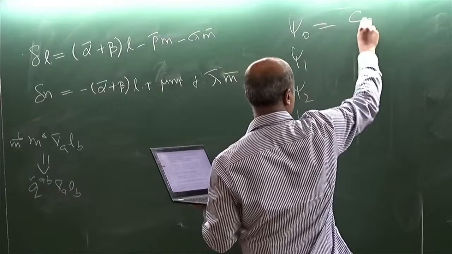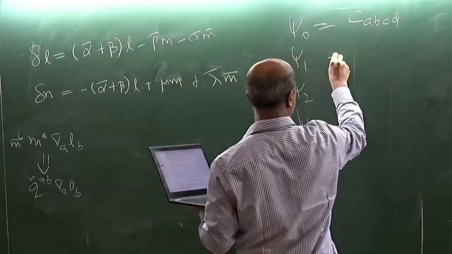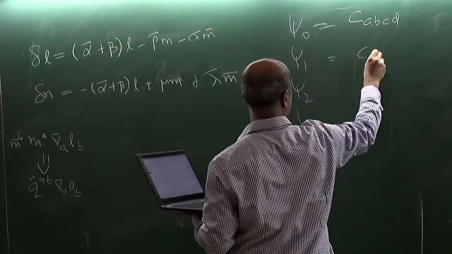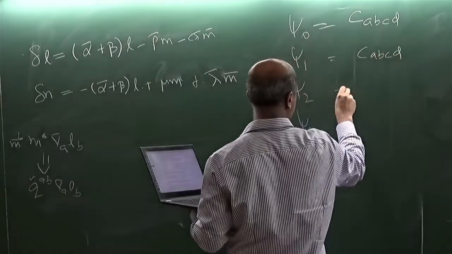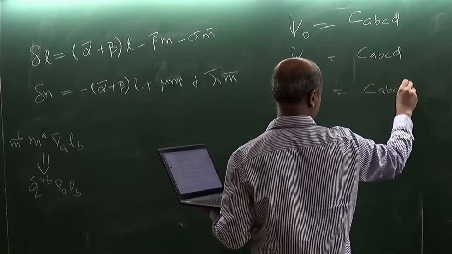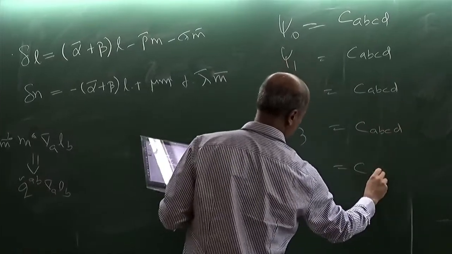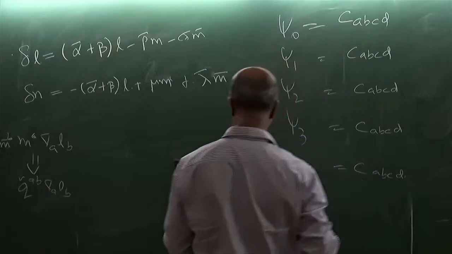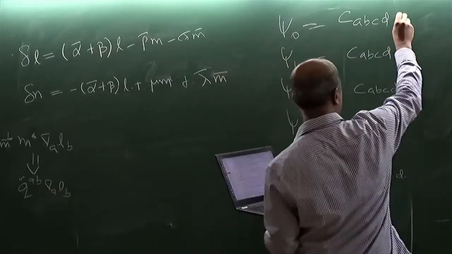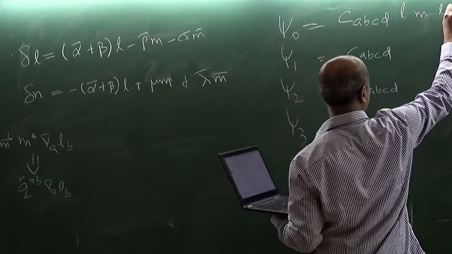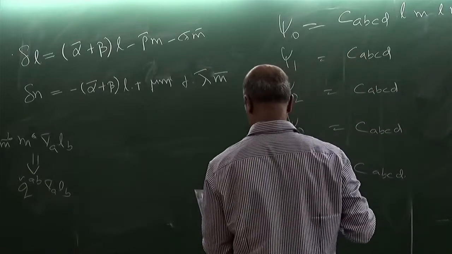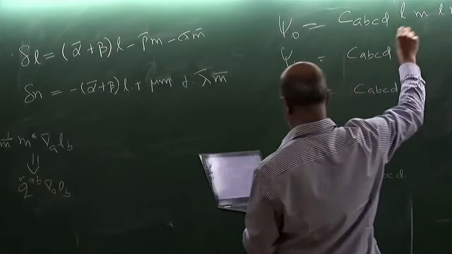All of these are C_ABCD with contractions with some of these basis vectors. So here I have L, M, L, M. I put in this A, B, C, D here. I'll do that in a minute.